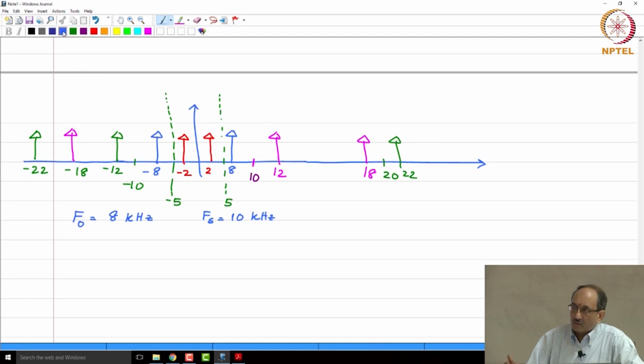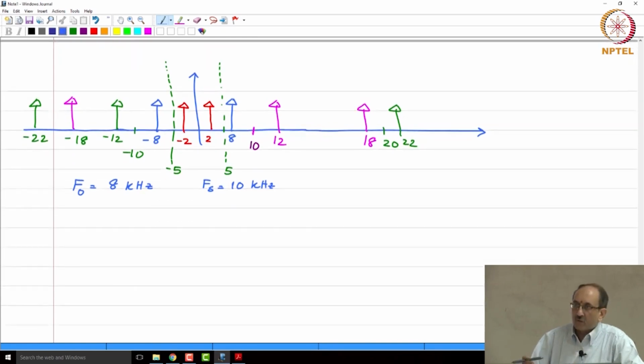Now, the implication of this is that since all practical signals are time limited, their frequency content in the Fourier representation will be of infinite duration, and hence you cannot sample them without causing aliasing. No matter what sampling frequency you use, because it is a band unlimited signal, you will always cause aliasing.